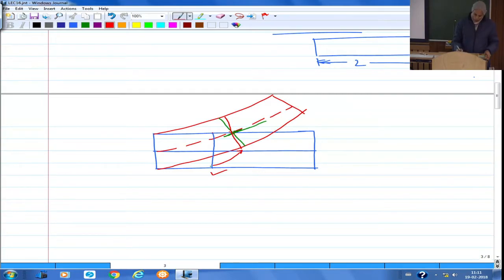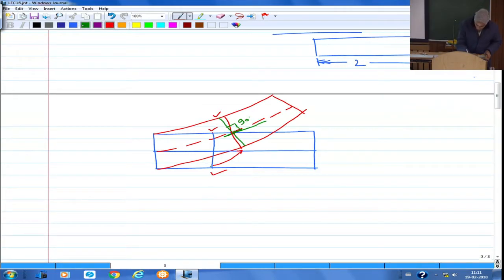In Euler-Bernoulli beam theory, we said that if you draw this normal in the deformed configuration, it is going to coincide with this green line. That means the green line is at 90 degrees to the neutral surface. Now it is no longer 90 degrees, but at some angle.